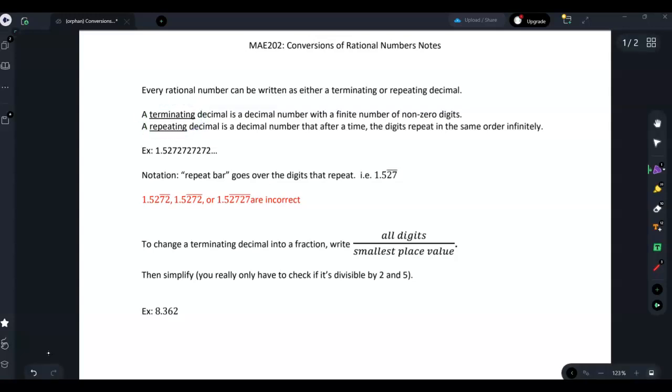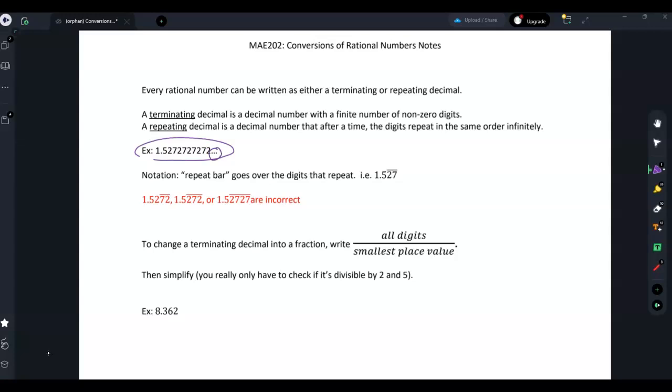So if we want to convert any fraction to a decimal, that decimal should end up either being terminating or repeating. Terminating, of course, just means that it ends, right? There's a finite number of non-zero digits. And then repeating means that it goes forever, but you're going to notice a pattern of repeating digits. So for example, we can see this number 1.527272727, and you can see the ellipses, which are the dot dot dot there.